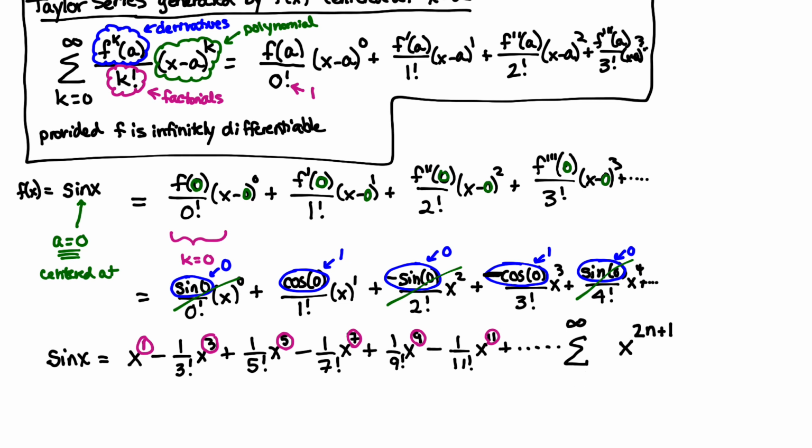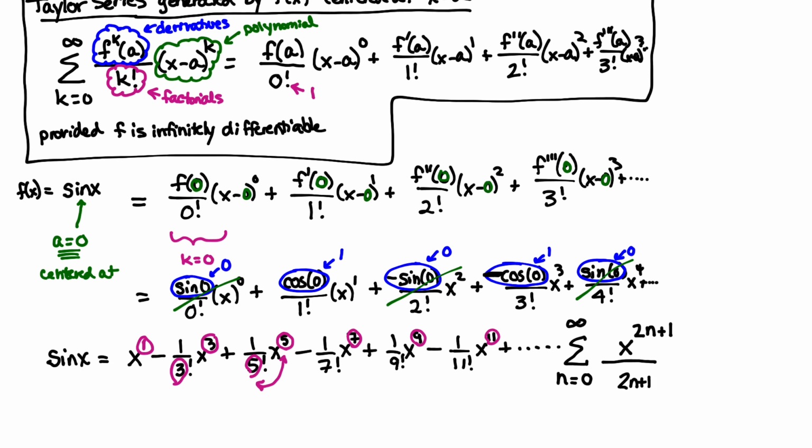So if I let the power be 2n plus 1, then I could let n equals 0 be my start point, right? And I need to divide these x's by a factorial. And notice the factorials are nice because they match. Do you see how they match the powers? So it's 2n plus 1 factorial.